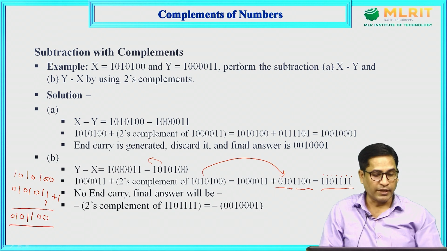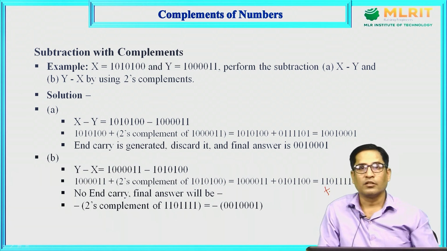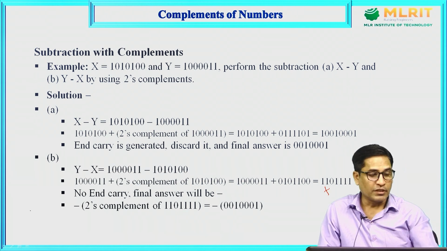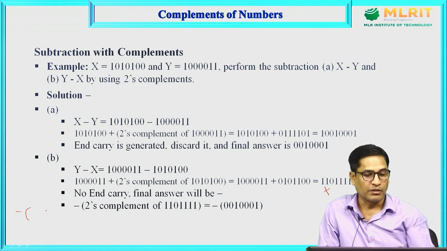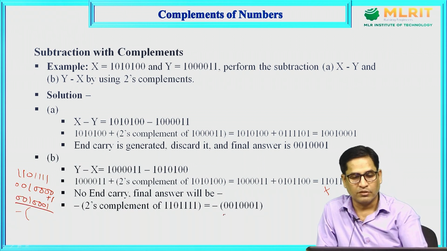If no end carry is generated, that means the answer is not in the expected form. So we have to take a minus sign and then the 2's complement of this particular number, which is 1, 1, 0, 4 times 1. Taking the 2's complement of this number, we get 0, 0, 1, 4 times 0, and then add 1. So I will get 0, 0, 0, 1, 0, 0, 1.